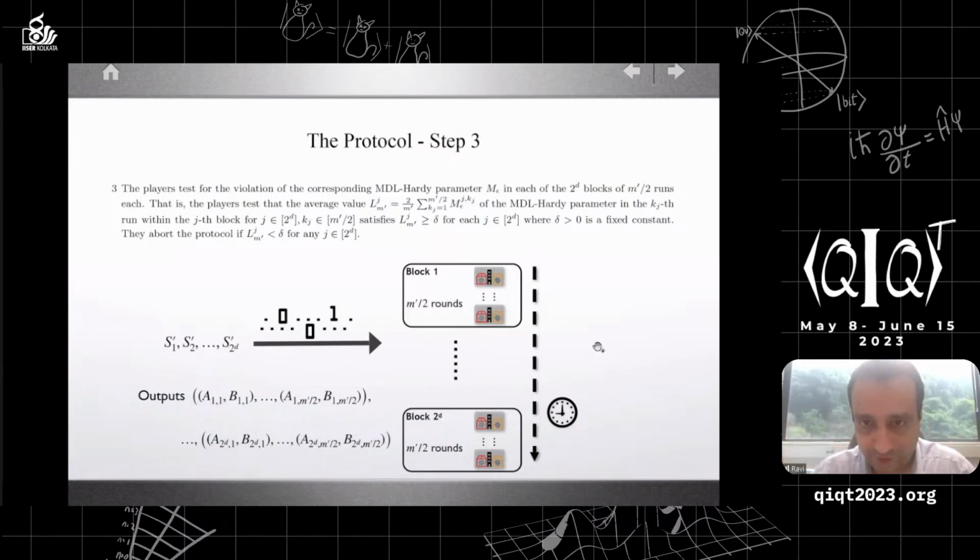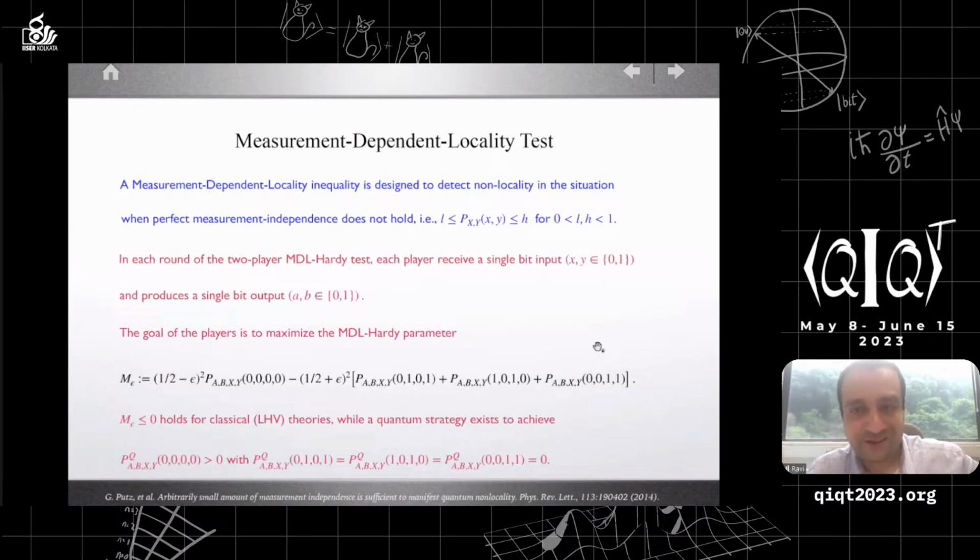So at this point, I have to tell you what is the game and what is the idea of this Hardy parameter and this MDL Hardy parameter. Now, we might know that one of the assumptions in Bell's theorem is measurement independence, which means that the measurement settings must be chosen independently of the quantum state of the entangled state. So that's called measurement independence.